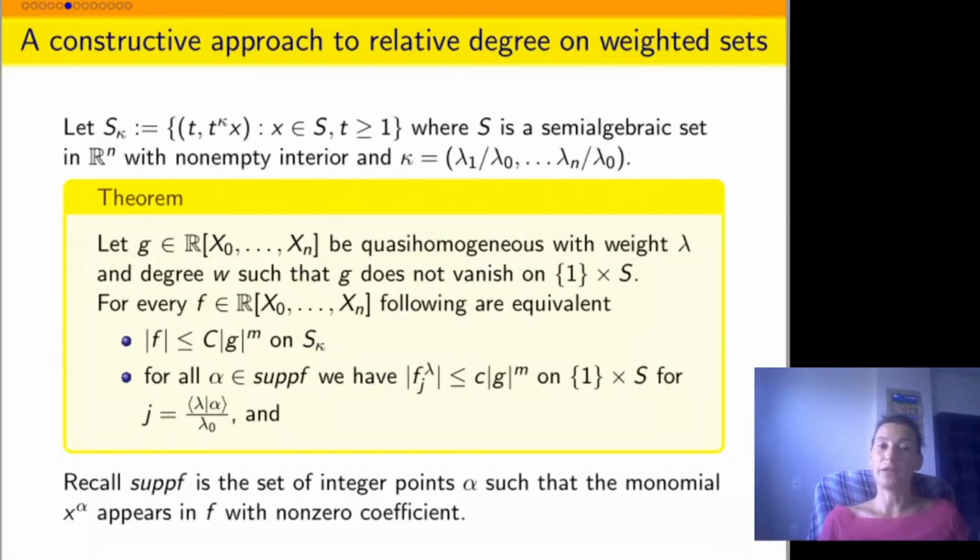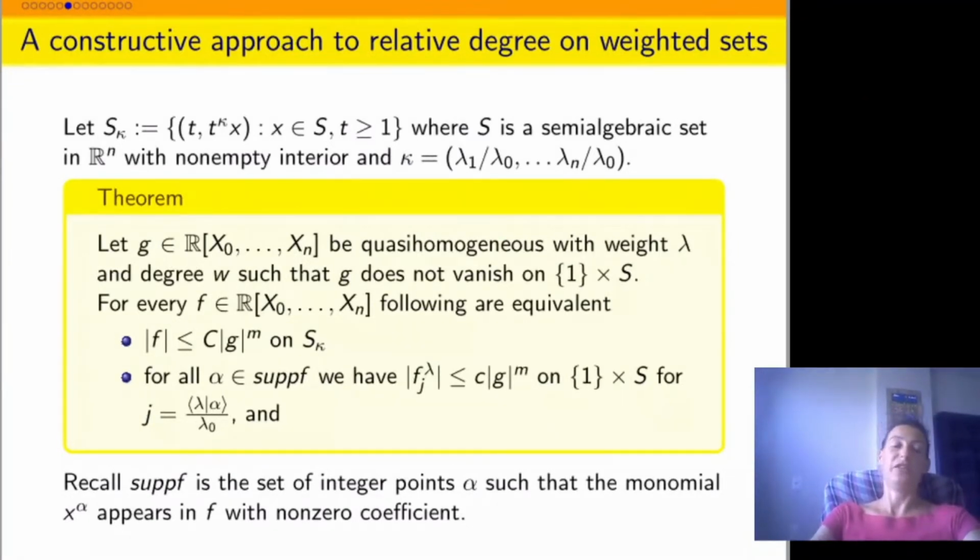So for all alpha in the support of f, we have that all the forms in the decomposition of f with respect to the weight lambda are less or equal up to a constant than the mth power of g, but not on the whole set. We just need to look at it on the set 1 times S. And this happens for all the degrees of the forms in f.